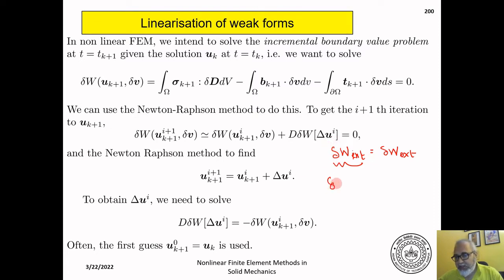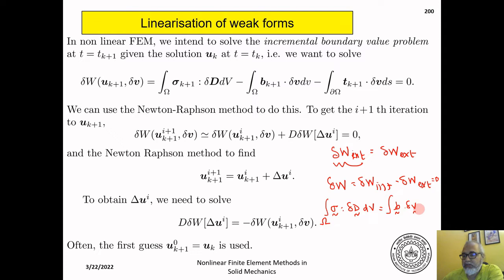So if we write del W equal to del W internal minus del W external, then this is equal to 0. And now for, let's say, a principle of virtual power, which is in the current configuration, we had written that internal virtual work is this, equal to the external virtual work plus, so this is the external virtual work due to body force, due to surface tractions.